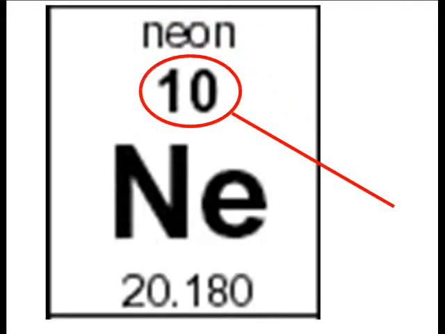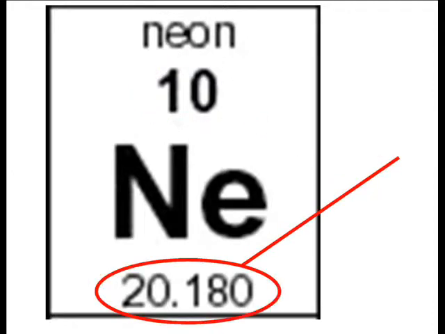The atomic number of an element is just simply the number of protons in the nucleus of the atom or the number of electrons surrounding the nucleus. The atomic mass of an atom is the mass of an isotope of an element measured in units formerly based on the mass of one hydrogen atom.